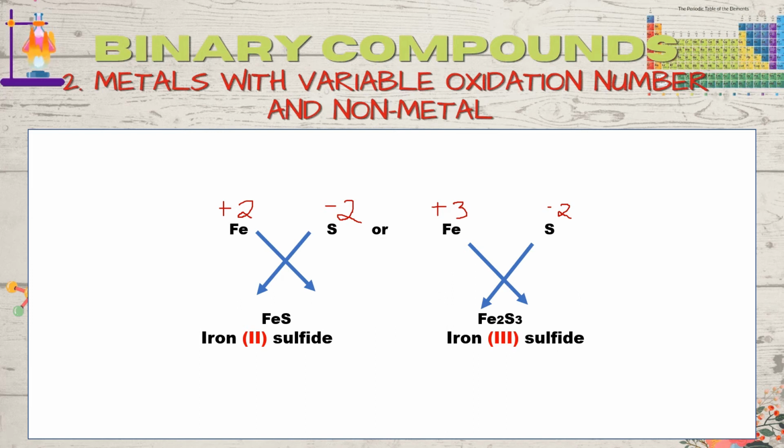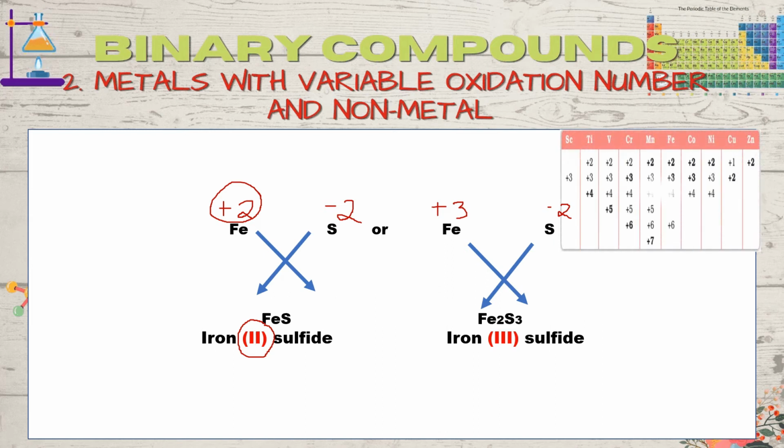So you just use the Roman numeral to indicate the oxidation number. So iron 2, Roman numeral 2, is based on the oxidation number of iron. Ito pa rin po yun sa oxidation number nila. So kapag 3, you're going to write the Roman numeral 3.